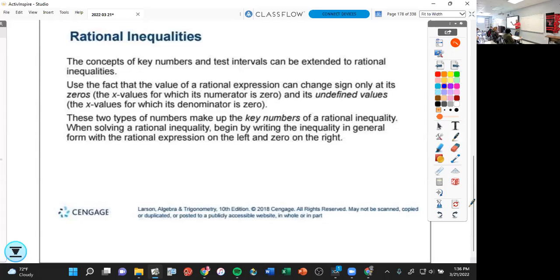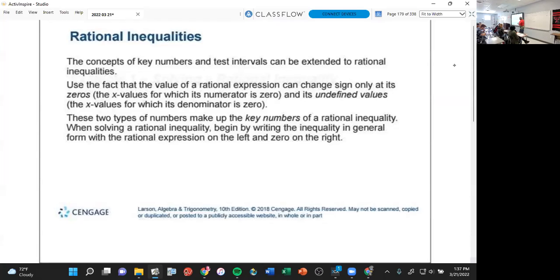Each piece is a range. Each range has to be tested in the original inequality to see if we get a true statement or not. If we get a true statement, then that portion of the range is included in the solution. That all makes sense? Hopefully? All right, let's move on.